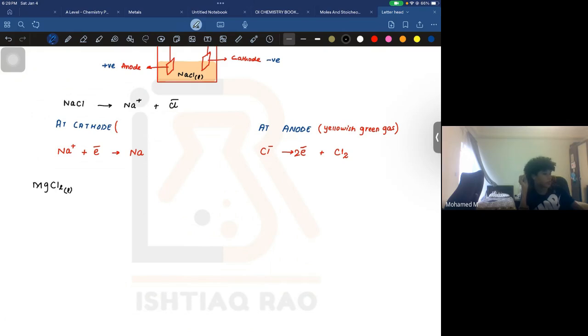So for MgCl2, the first equation would be MgCl2 giving Mg2 plus and Cl minus.